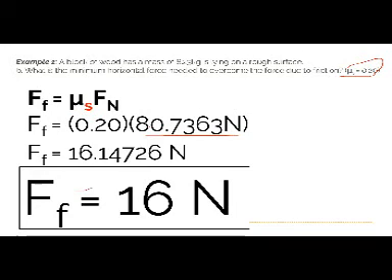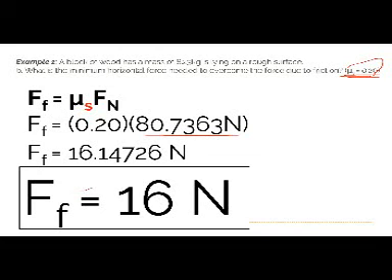If we multiply, that is equal to 16.14726 Newton. Since the least number of significant figures is two, we round this to two significant figures. So the frictional force is equal to 16 Newton.